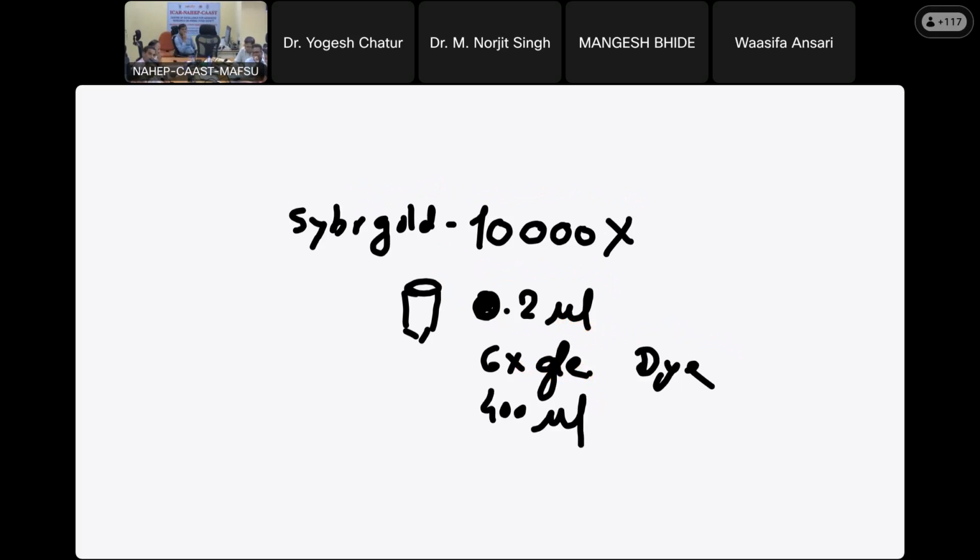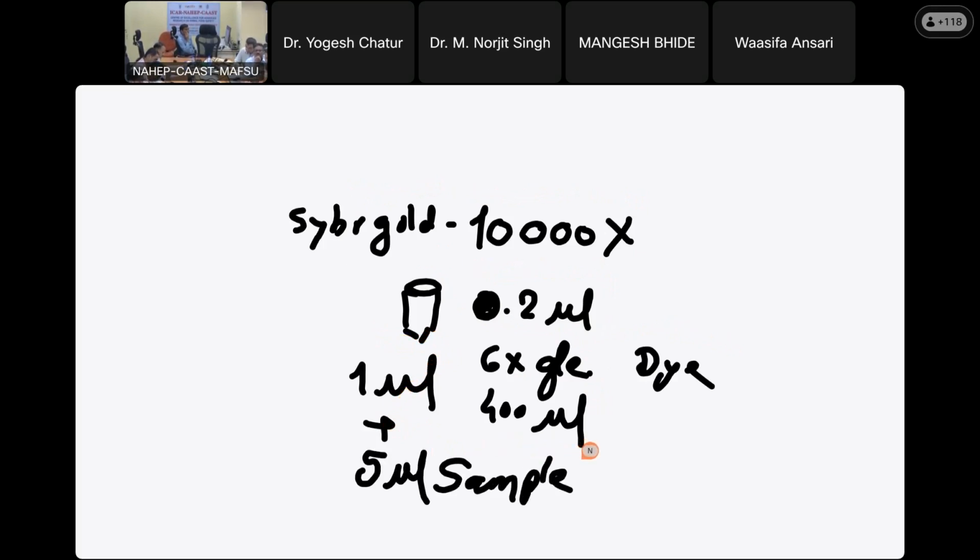So you have this stock solution of the dye. Mix 1 microliter of this into 5 microliters of sample, DNA sample or PCR product.